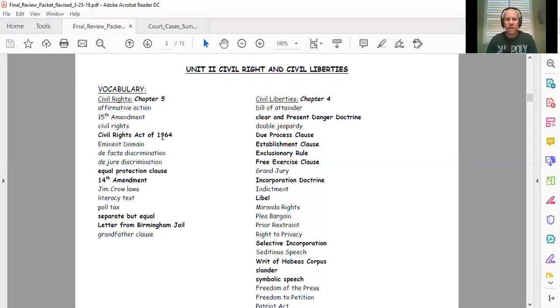So why can a hotel not be allowed to say, I'm not going to let somebody stay there because of their race? And where does Congress get the ability to enforce that? Well, if you remember, Title II deals with commerce, interstate commerce. And so Title II of the Civil Rights Act says that Congress, through the Commerce Clause, has the ability to regulate interstate commerce.